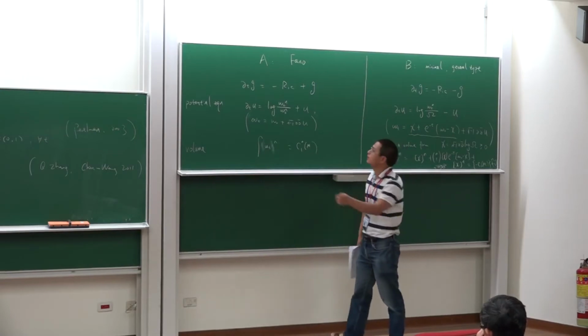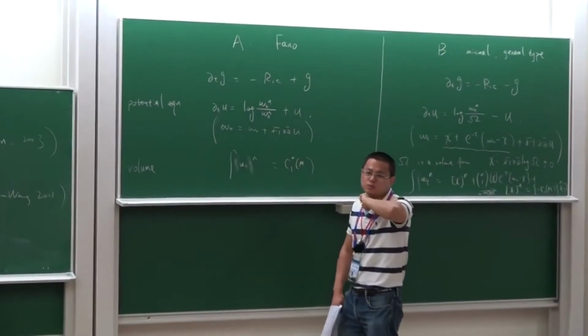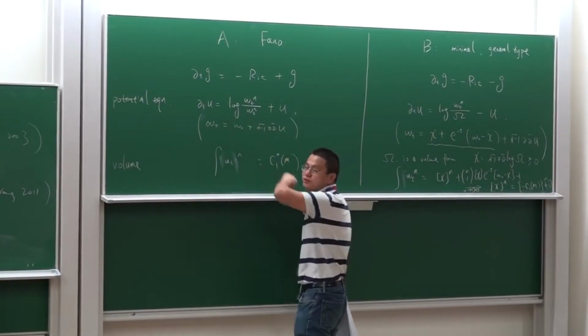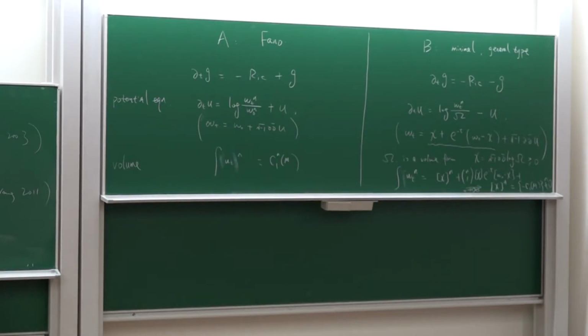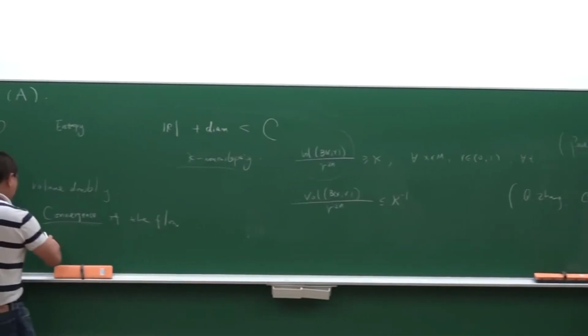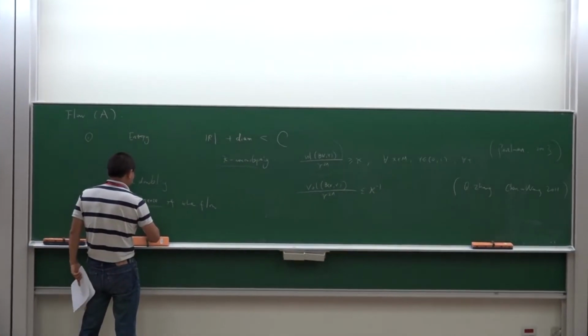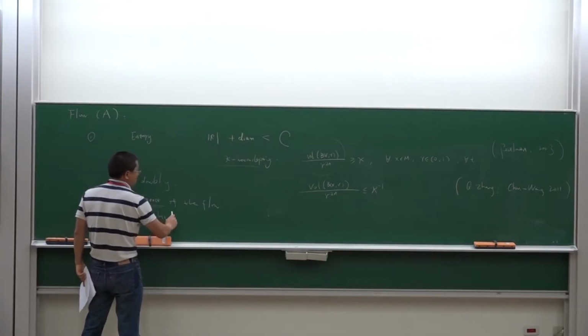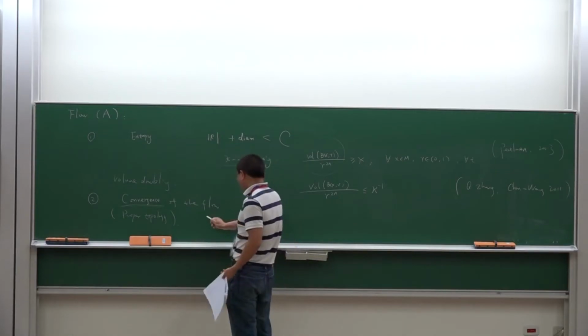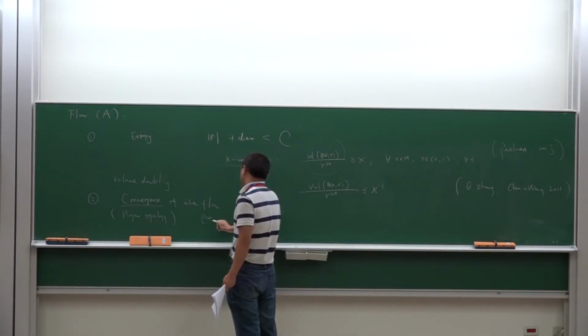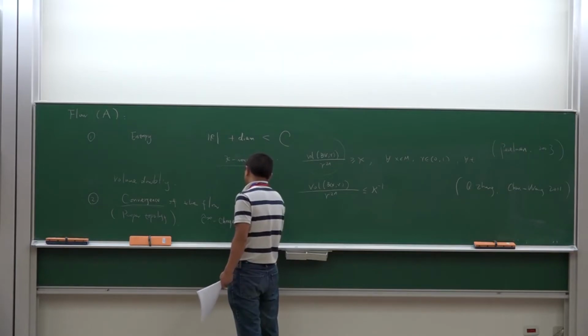You have an example: consider CP2 blown up at one point. In that example, u does not have a limit, because if you converge to a Kähler-Einstein metric, but you start from CP2 blown up at one point, there is no Kähler-Einstein metric, so you do not converge. So the question for the convergence is to choose a proper topology. It turns out that this is what we call the C-hat infinity Cheeger-Gromov topology.